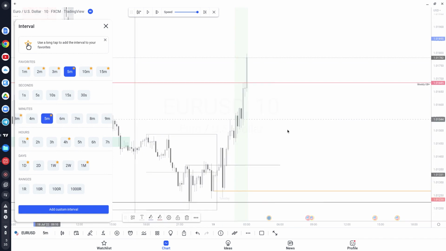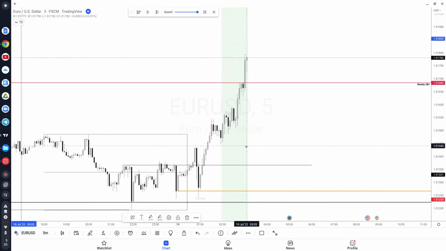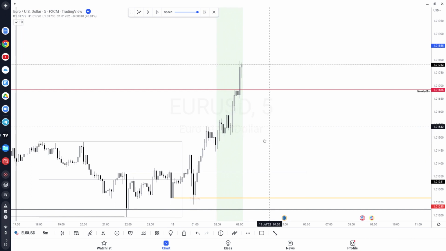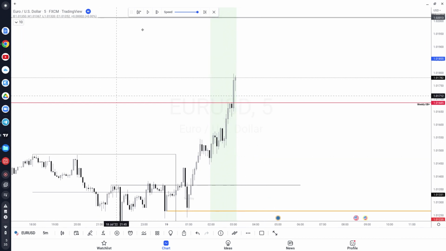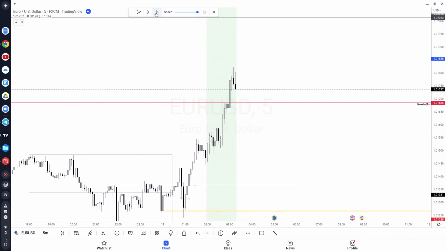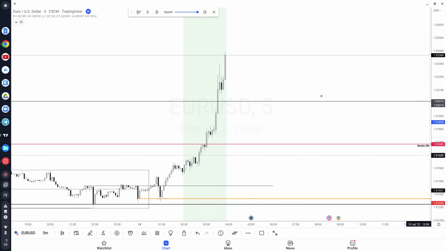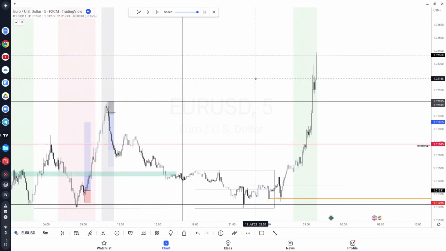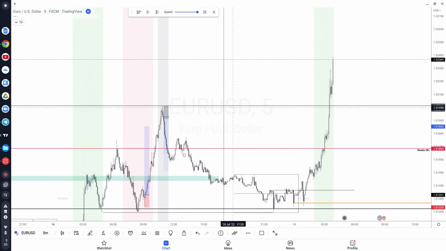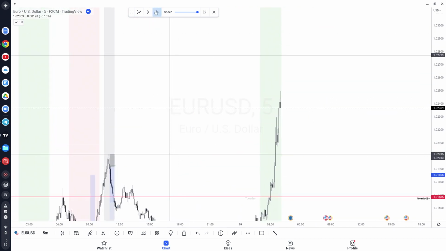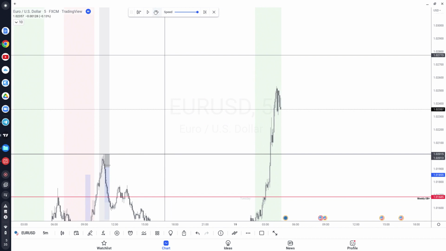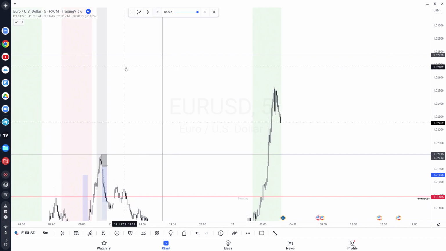But the biggest thing about this day is you're getting the Asian session expanding well beyond the average daily range, right? So we've already taken out previous day's high, and price continues to expand higher and higher, right?